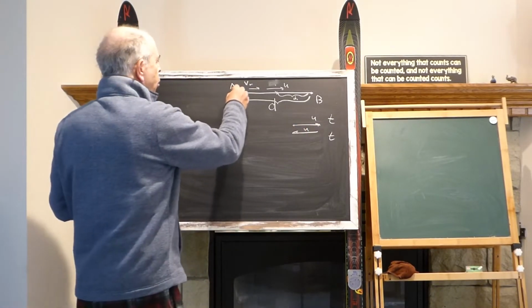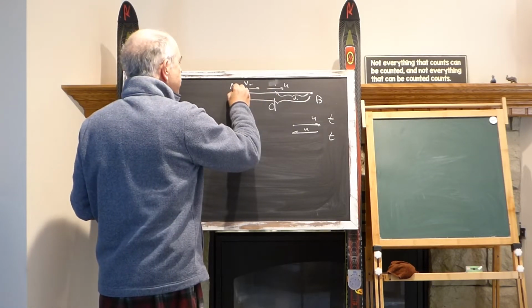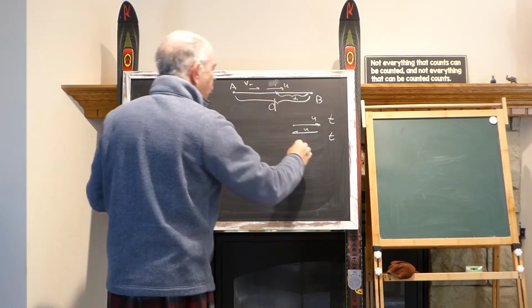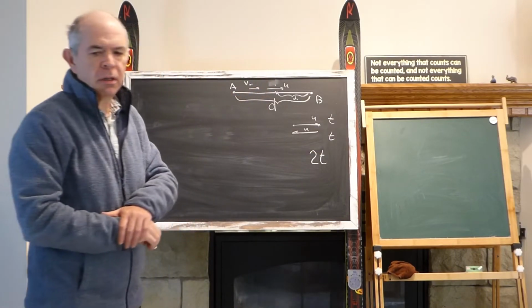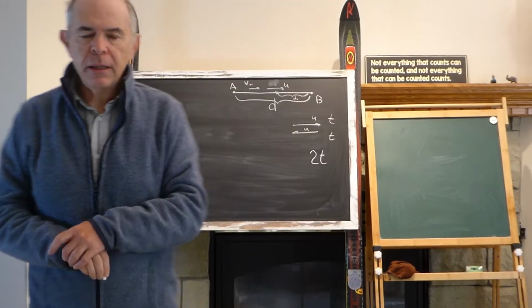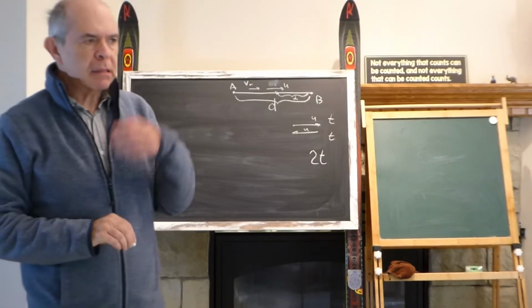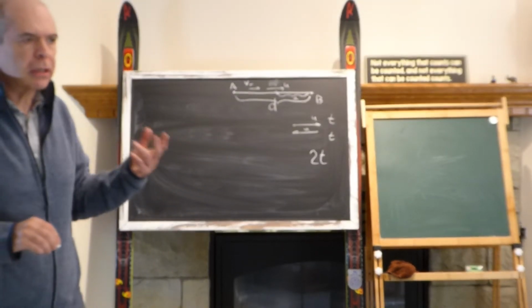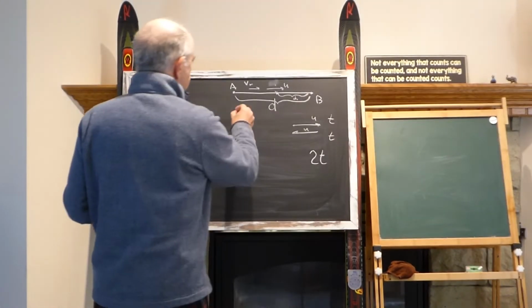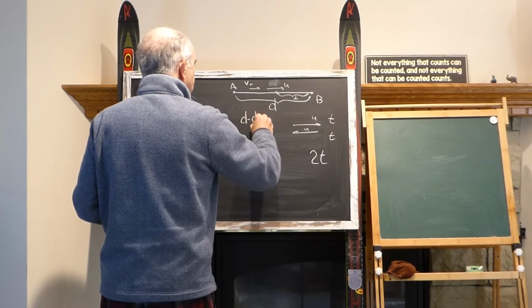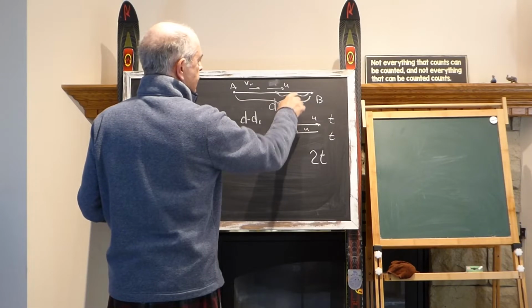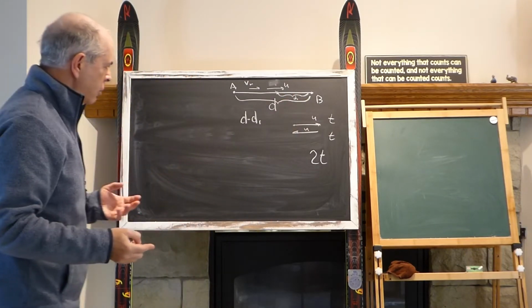So actually we immediately know that from the start to that point the time that expired was 2t. So within 2t the raft traveled V river times 2t. And of course we know this distance. This is d minus d1, because this is the total distance and this is d1, and both are given to us.